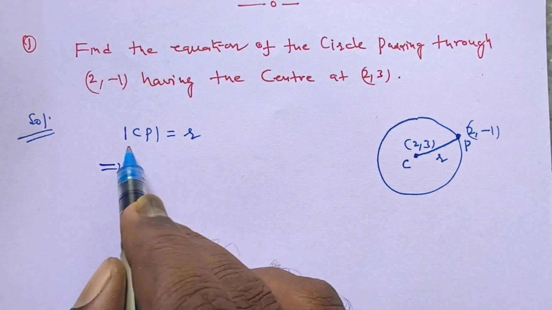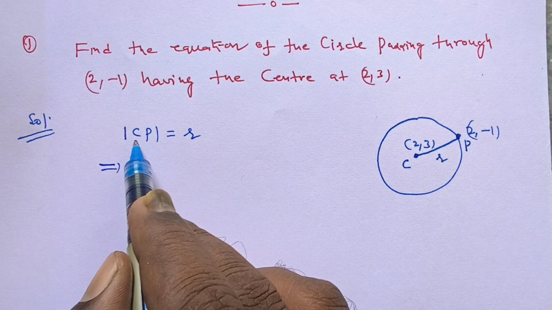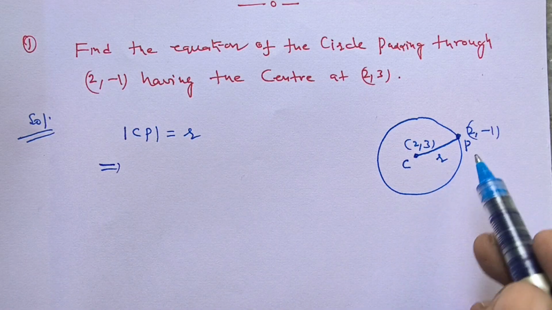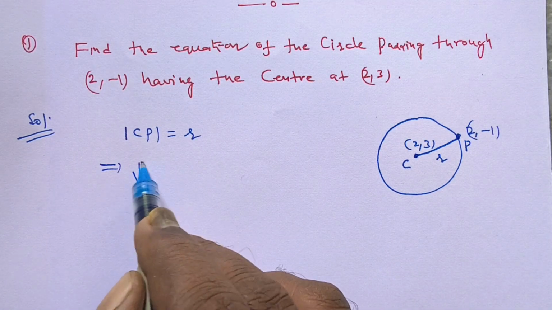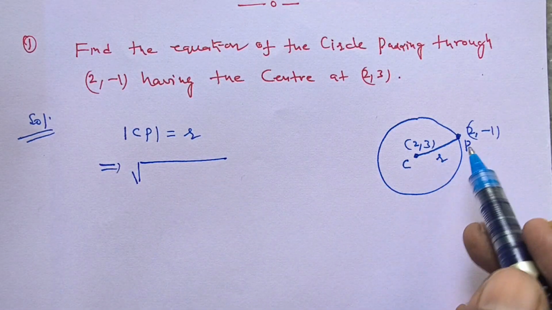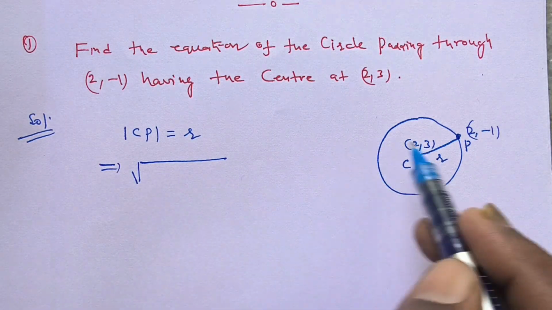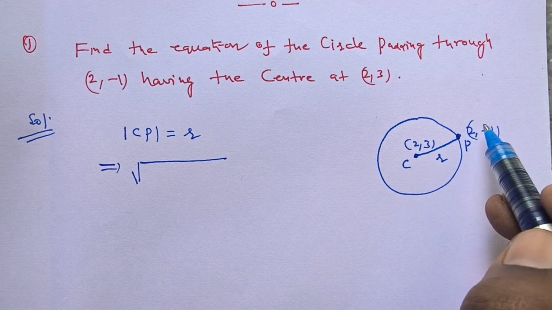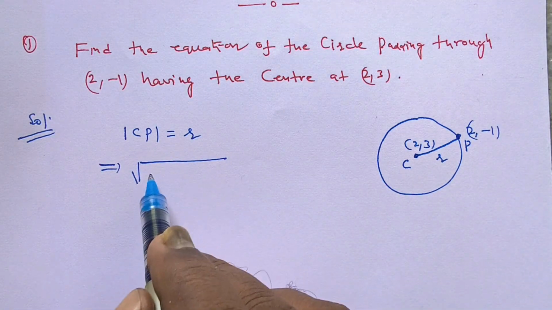So from this, mod CP means the distance between the point C to P. So we have the formula, square root of (x2 minus x1) whole square plus (y2 minus y1) whole square. Suppose this is (x1, y1), (x2, y2).